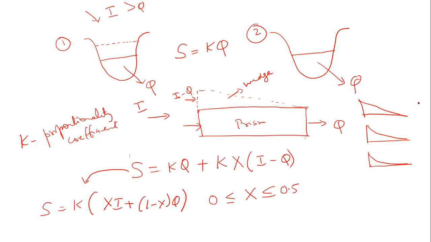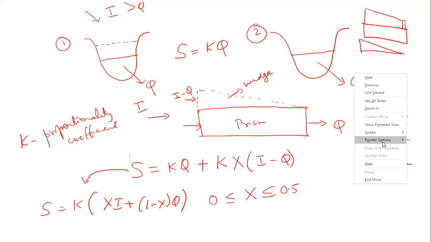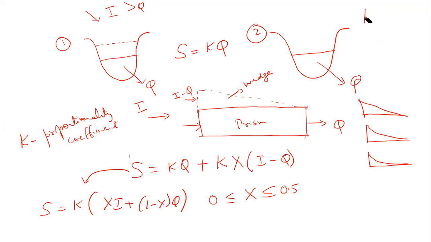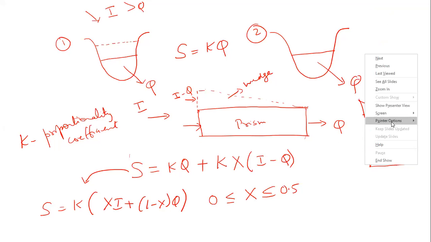So if it is like this, that is x equal to 0.5. If I say it's something like this, and then I have the prism, then this means I give some additional depth of flow at the downstream end as well, that means the effect of the flood is being felt on the channel. So that's probably why we limit x to 0.5.